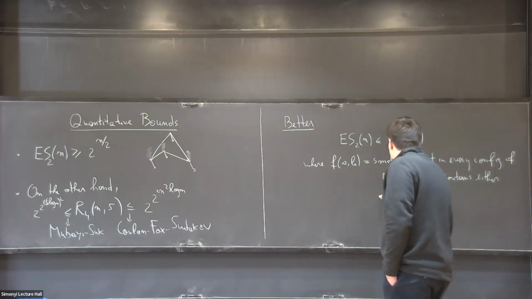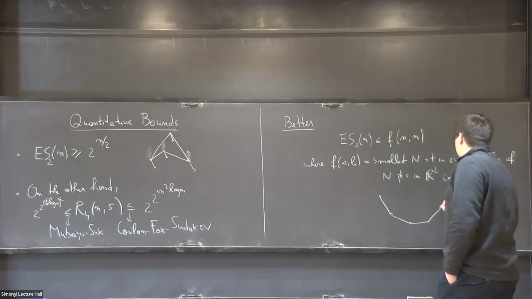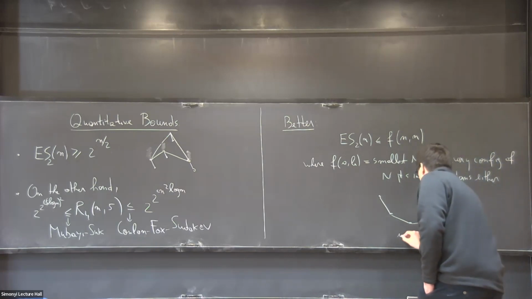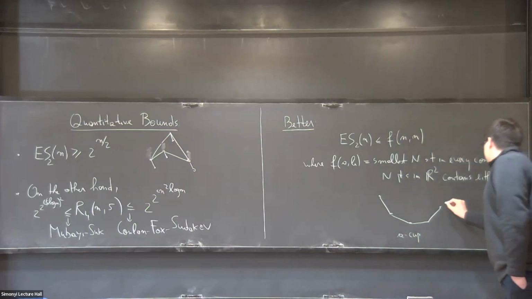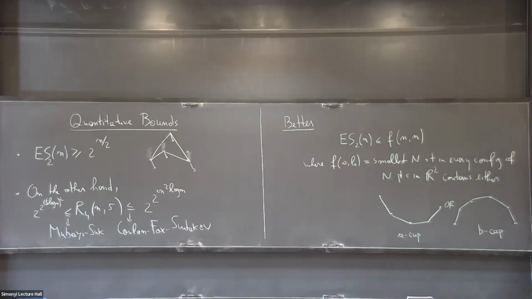So either a convex set of size A that looks like this, which we'll call an A cup, or a convex set of size B that looks like this, which we'll call a B cap. So more formally, what are these objects?